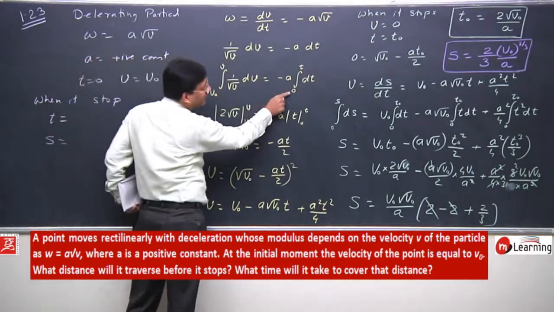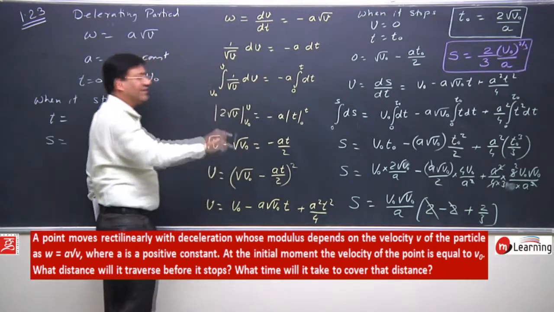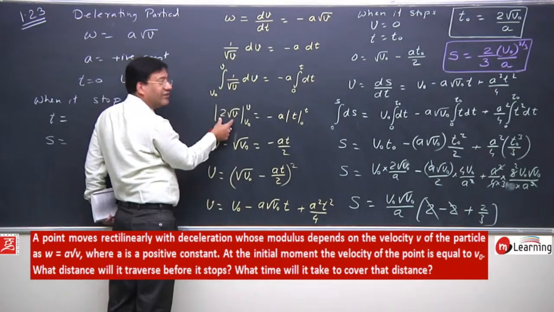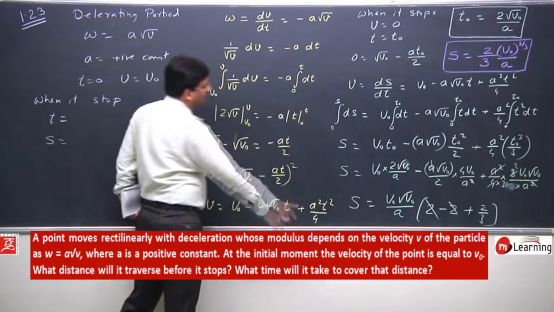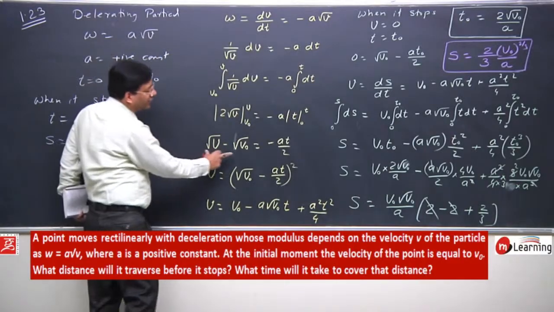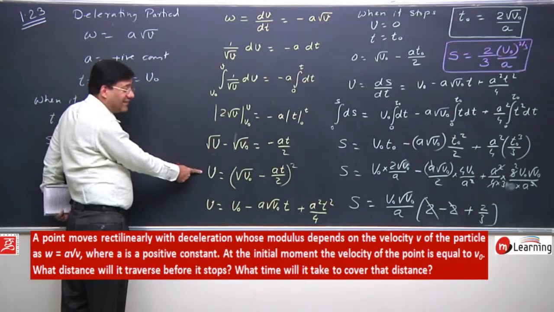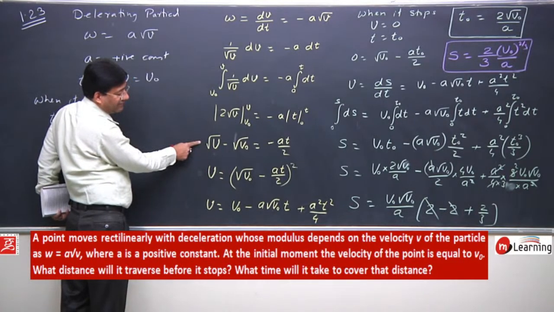I substituted the limits. At time t equal to 0 velocity is v naught, at time t equal to t velocity is v. मैंने इसे इंटीग्रेट कर दिया. 2 root v, limits like this, minus a t limits. I substituted the limits and then we get the velocity function with time.